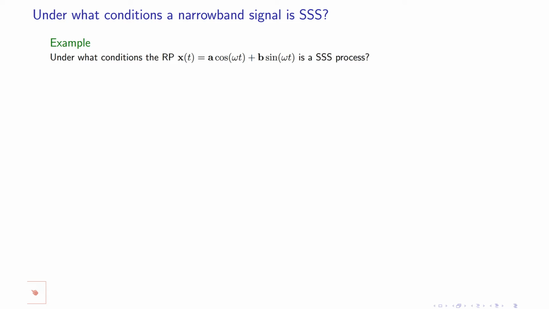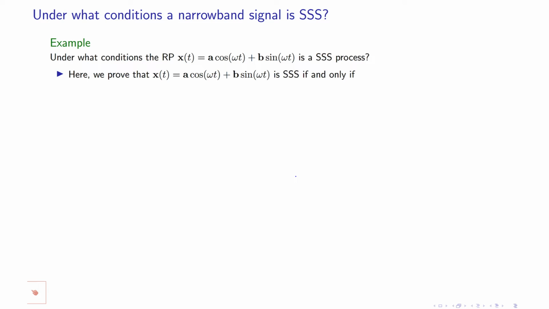The next question is, for the same random process, under what condition is it necessarily and sufficiently a strictly sense stationary process? The answer to this question is also not very difficult, but is very important.